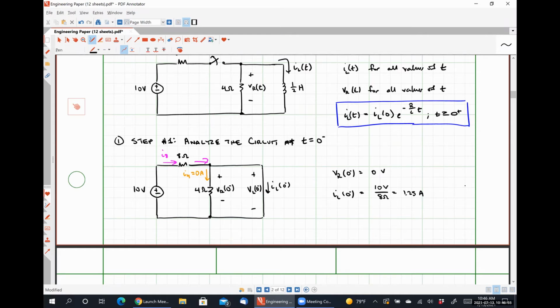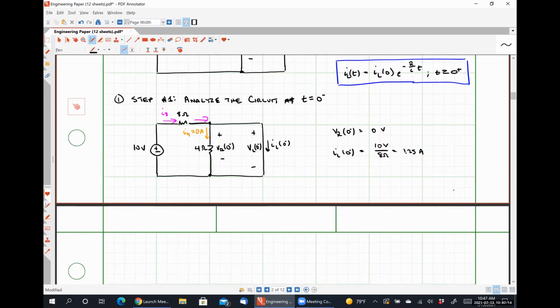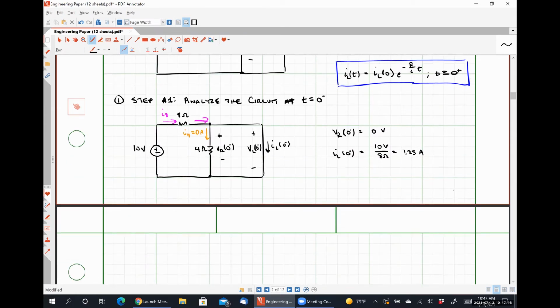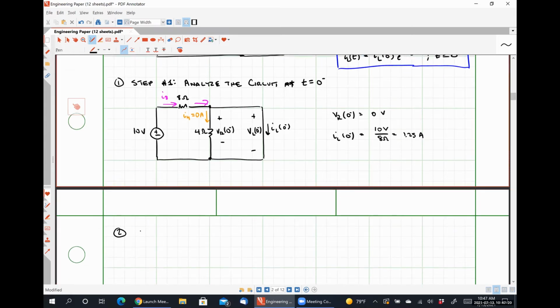Are there any questions whatsoever about the analysis steps that we took here? All right. Our next step will be to analyze the circuit at t is equal to 0 plus.